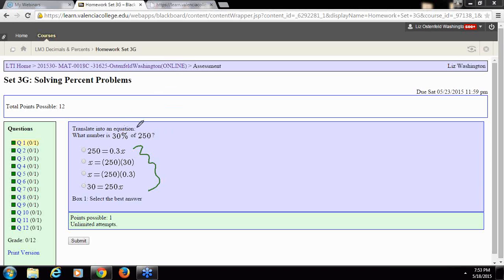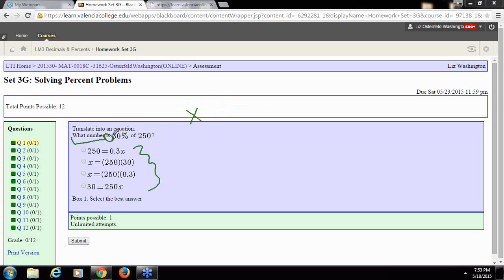Regular sentences turned into equations. So the phrase what number, basically whenever you don't know something, we assign it a variable. Okay, so if it says what number, or find the number, when I don't know what it is, I'm going to give it a variable.